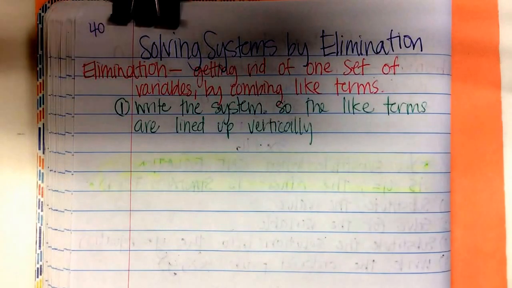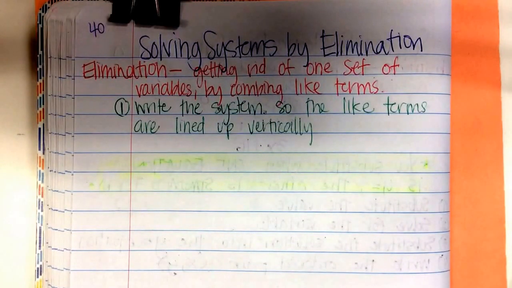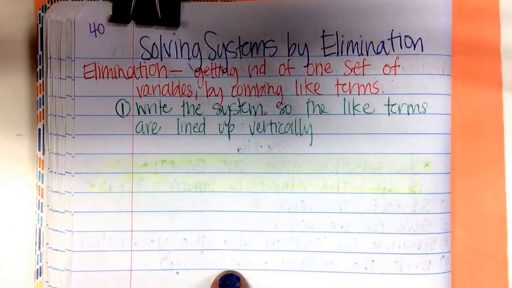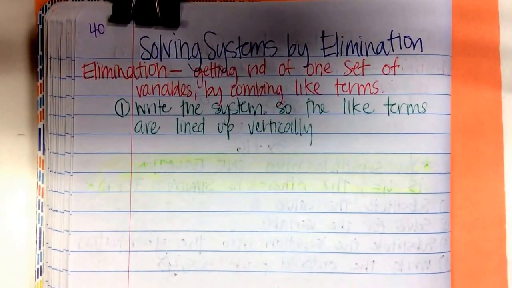So I want to write it so x is on top of x and y is on top of y, and the number is on top of the other number. Equal signs line up, all that good stuff. Vertically is up and down, remember. So we write it so that they are lined up vertically.